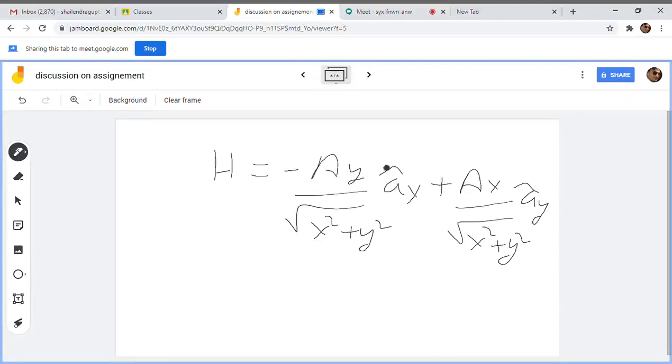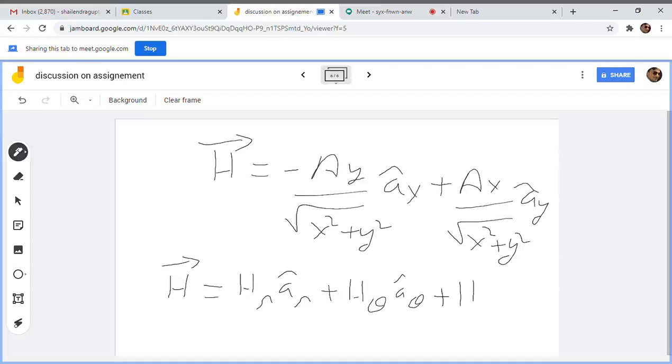Okay, now what you have to do is convert this vector h into the spherical coordinate system. Your target was to convert it to the spherical coordinate system. So let us say vector h is hr in the ar direction plus h theta in the a theta direction plus h phi in the a phi direction.